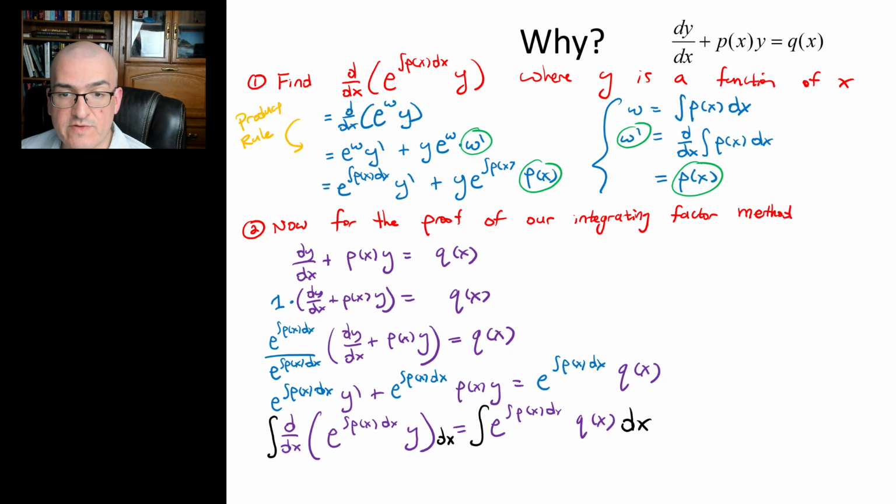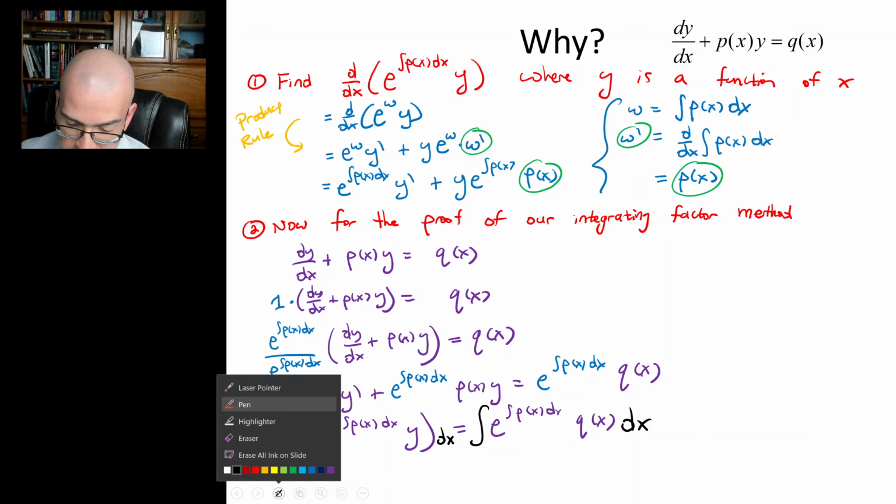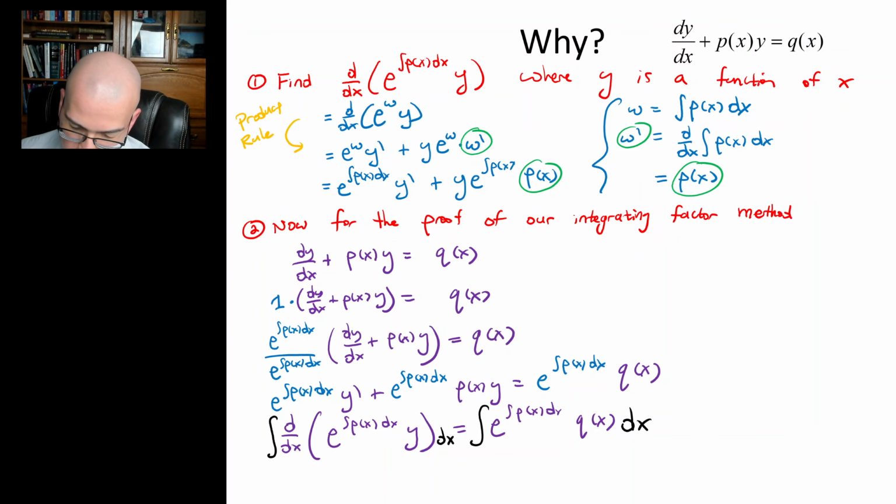Okay, so I'm taking the derivative with respect to x, and then I'm going to take the antiderivative with respect to x. I'm just going to get the original function back. So e to the integral of p of x dx times y is equal to the integral of e to the integral of p of x dx times q of x dx.